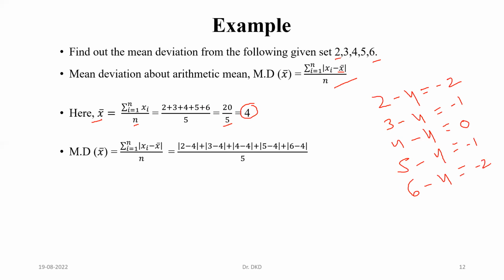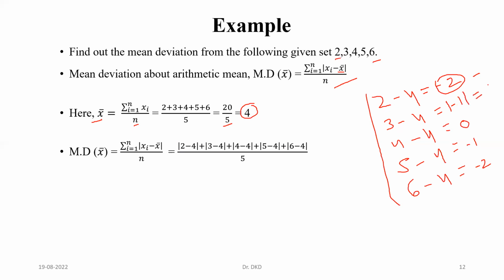We put the same values here, and here we have taken the modulus, so we have ignored the signs. Minus 2 becomes 2, and when we take the modulus of minus 1, it becomes plus 1. That is why we use the modulus.